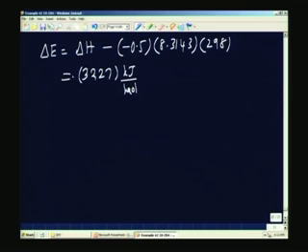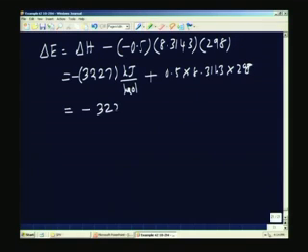This will be a negative value because heat is released. This will become plus, this whole thing is 0.5 into 8.3143 into 298. So, this comes to minus 3225.8 kilojoules per mole. This is in joules and that is in kilojoules, so you have to be careful.